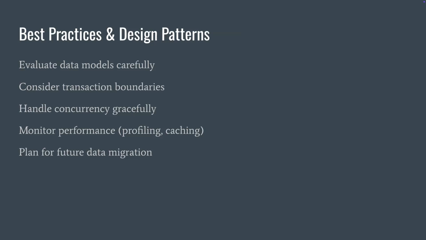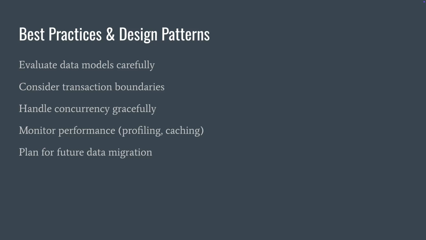Best practices and design patterns. So when working with embedded databases, it is important to follow best practices to make sure you're getting the maximum benefit while avoiding pitfalls. One of the first things to consider is the data model.